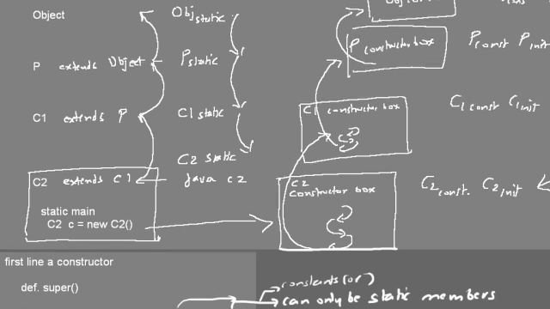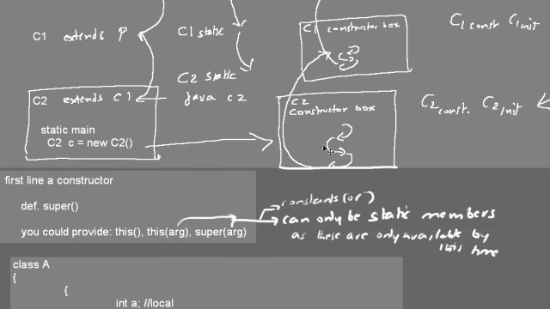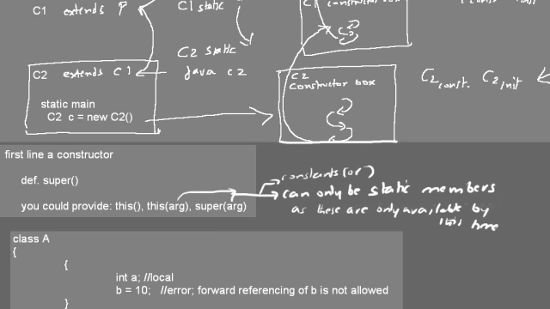So by the time you're in the constructor, only the static members are ready, but not the instance members, right? The instance members are initialized within the constructors. But this being the first line of the constructor, only the static members are ready by the time you provide arguments. So as a result, these arguments should either be constants or static members, as these are the only ones available by this time, right?